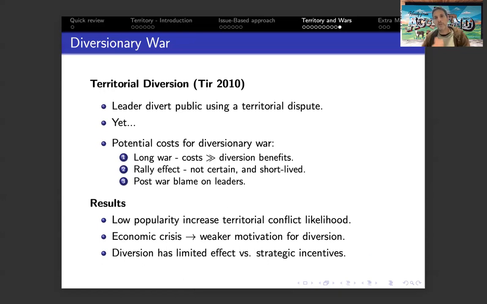However, the strategic indicators such as power and distance are a lot more powerful, right? So the diversion logic based on a territorial issue is part of the explanation of why states will go to war, but based on the data he had, it's only a relatively smaller part compared to the strategic incentives of going to conflicts over territory.